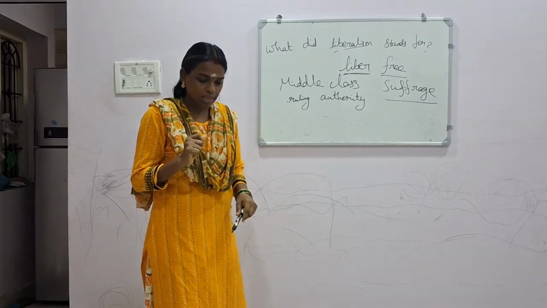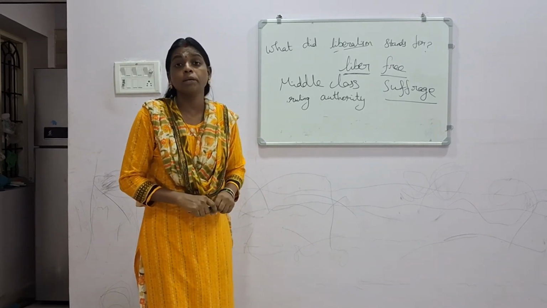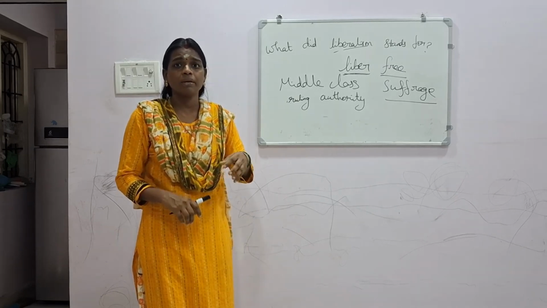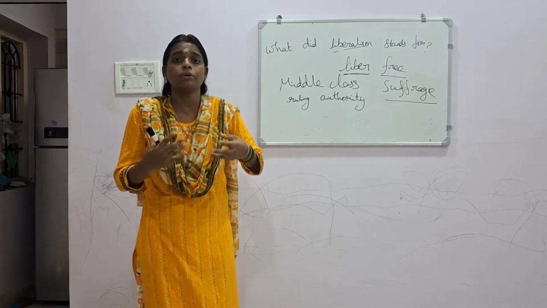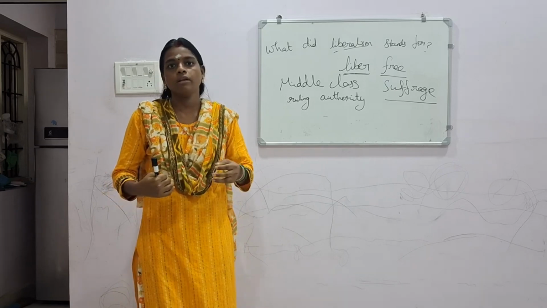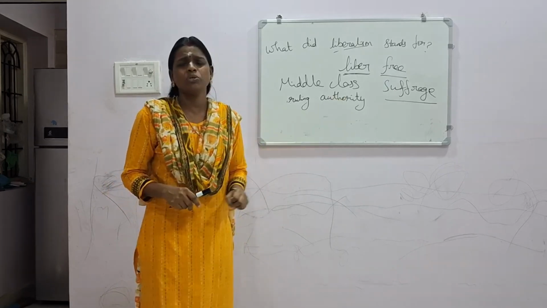One thing I want to let you know regarding the Napoleonic Code: many things have been reduced. Some fields were improved and some fields got worse. So here the people wanted universal suffrage.